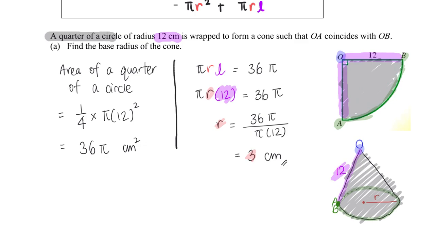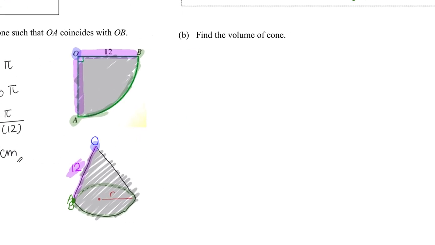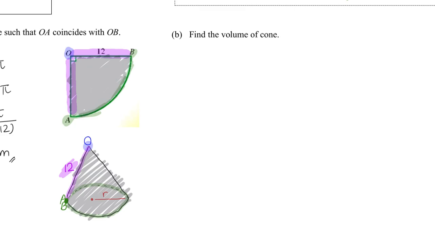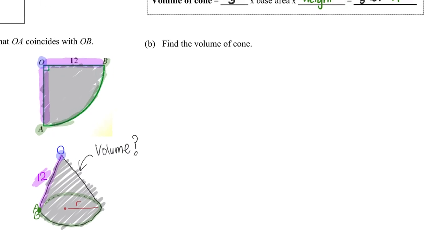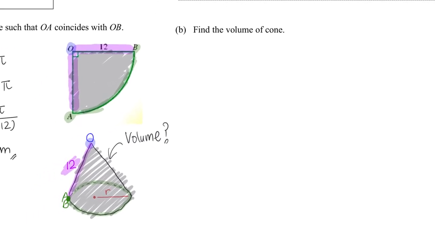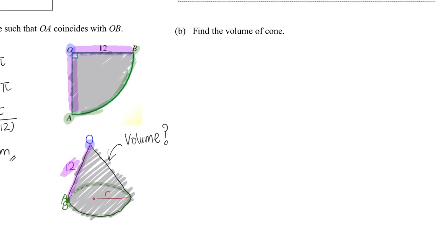Now that I know radius is 3, what is the volume of this cone? Well, for volume, we will need to find the height. How can I find this height? Okay, so I'm going to have this as my height.